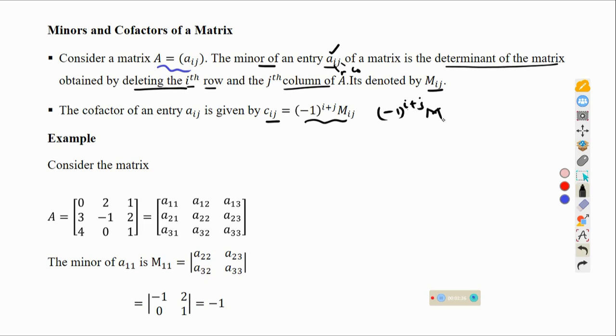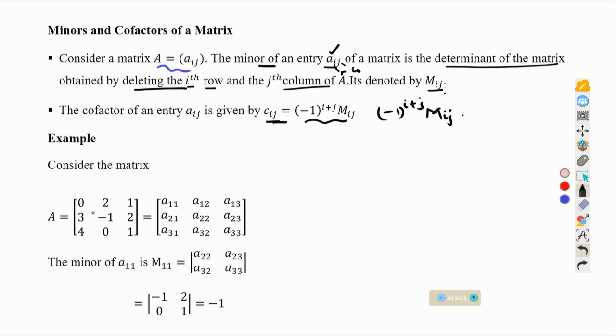We shall multiply by the corresponding minor. Remember that we first of all get the minor, then after getting the minor, we can get what we call the cofactor. But let us look at an example to understand better what we are talking about in this definition.